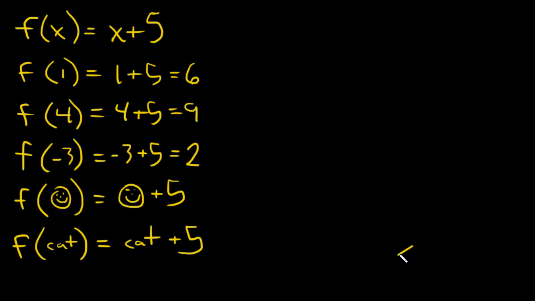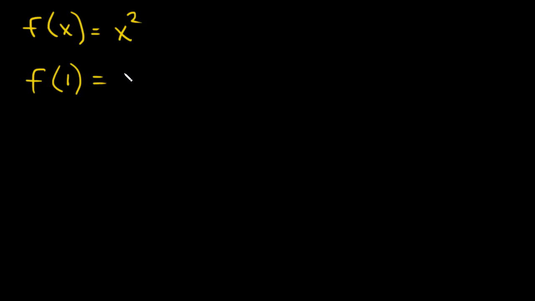Let me clear this. And now let's look at f of x equals x squared. So it's going to seem kind of redundant, but bear with me. There's a reason why we're going to be doing this. So f of x is x squared. What about f of 1?